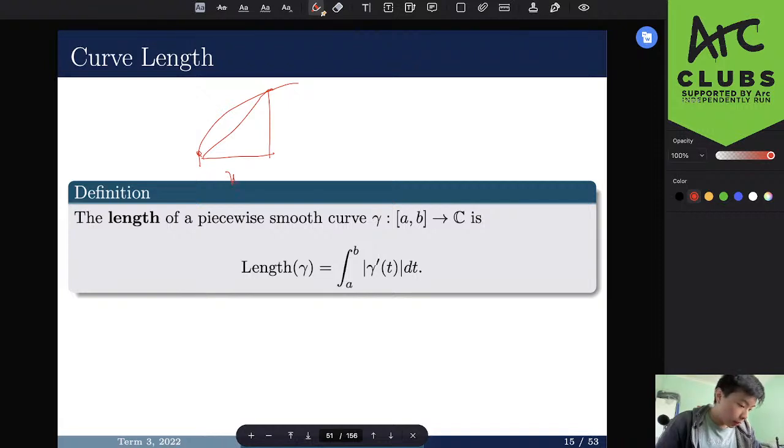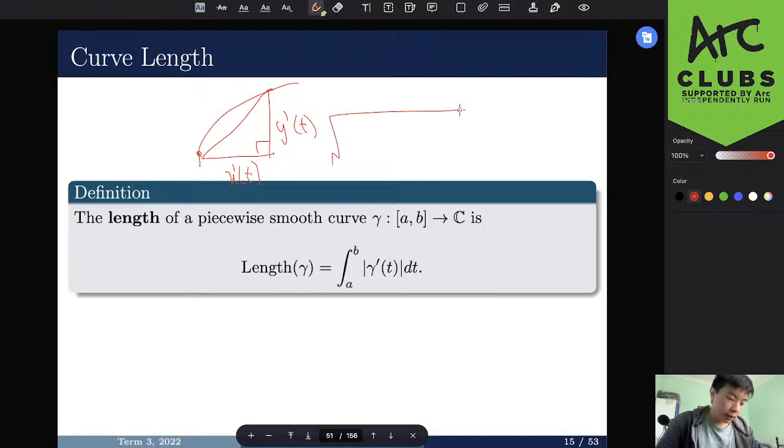This is just the change in x with respect to time, and this is the change in y with respect to time. And so the hypotenuse of this right angled triangle is going to be approximately equal to the arc length.